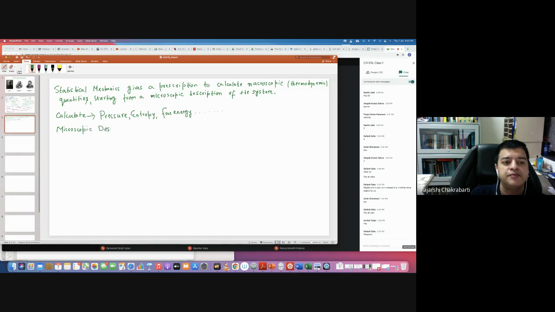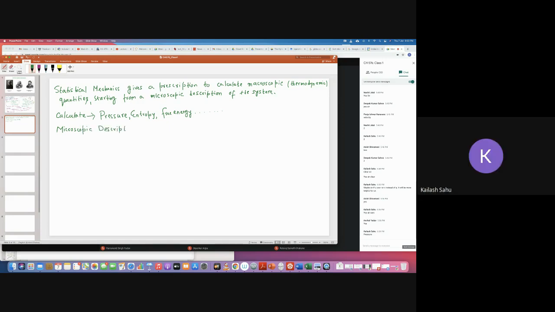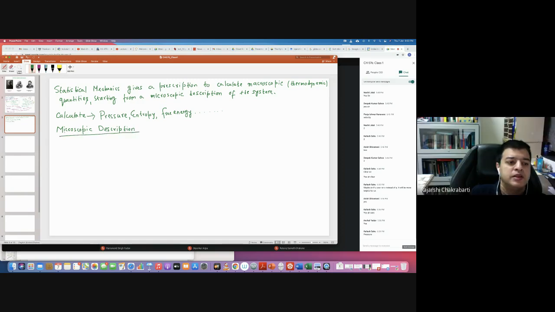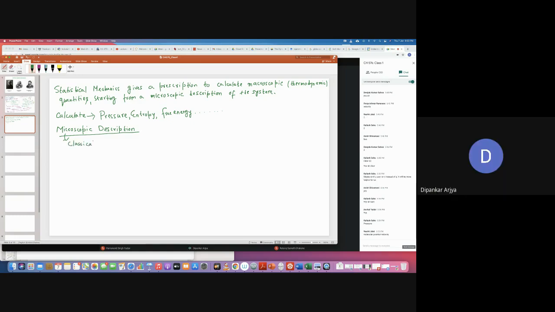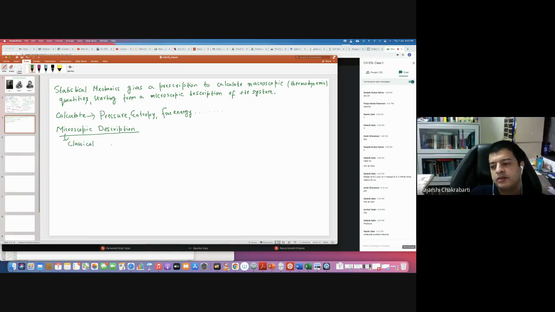Can anyone tell me? Velocity, energy of particles, energy state. Considering properties of each molecule. Yes. This microscopic description could be a classical mechanical description.